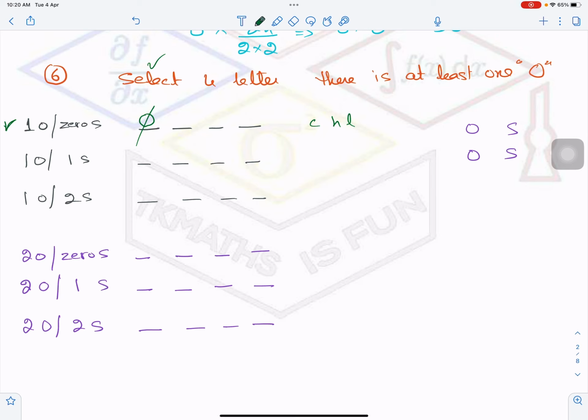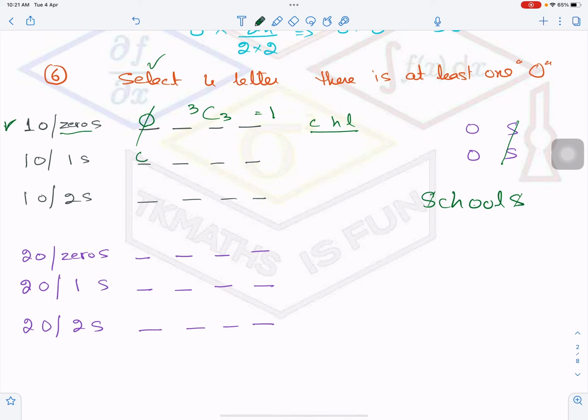Now it is saying 0 S, so the S's are gone. So now only 3 letters are left. What will you do? 3C3. There are 3 letters and you have to select all 3 of them. The answer is 1.